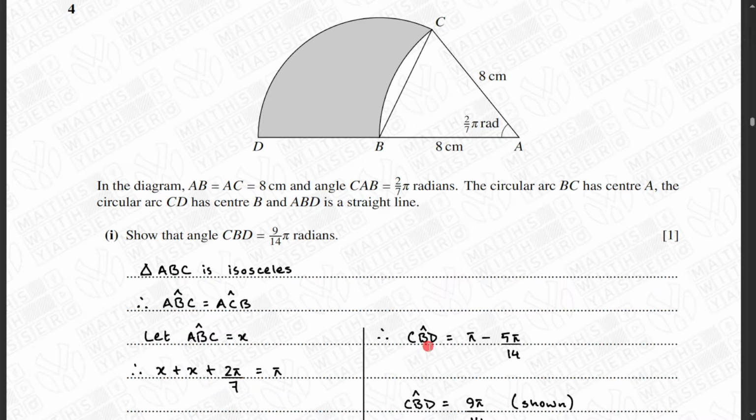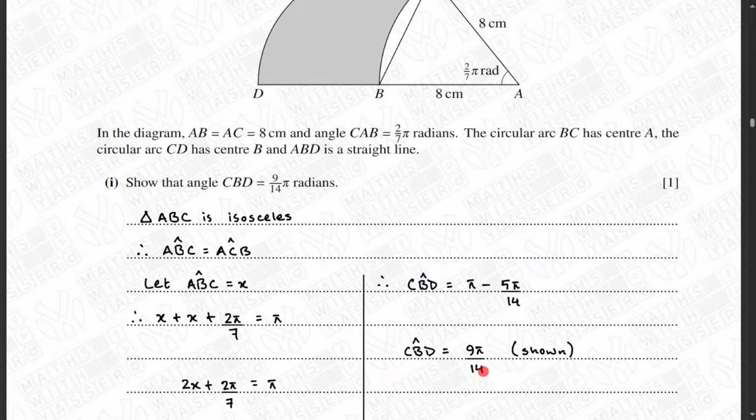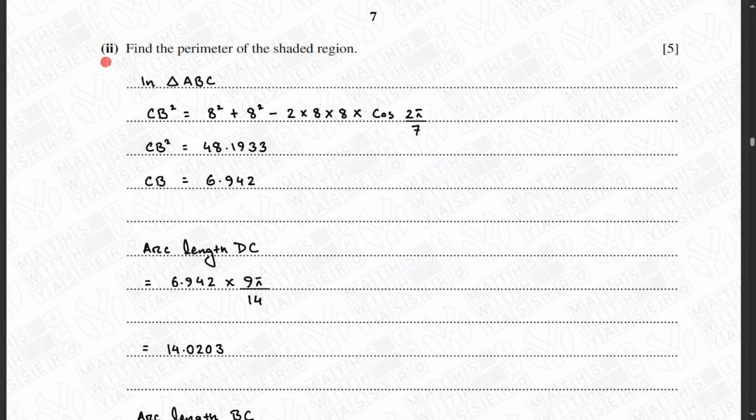Therefore, CBD must be pi minus 5 pi by 14 because angle in a straight line is 180, which is pi. So 180 or pi minus this angle should be giving us the angle CBD. So that will be 9 pi by 14. In the second part of the question, we need to find the perimeter of the shaded region.